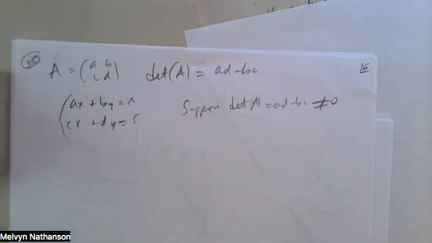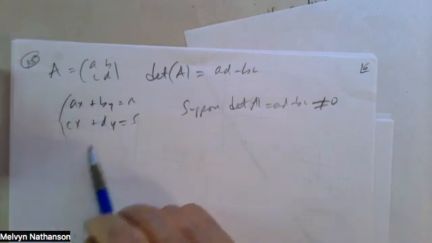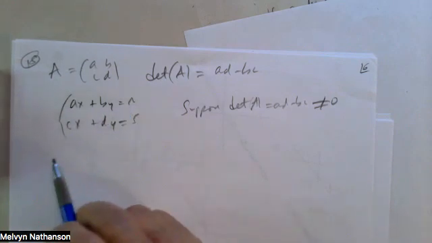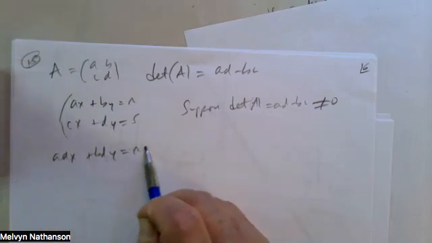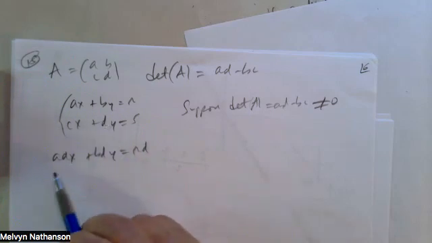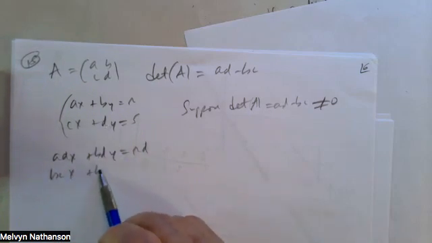Then we try to solve these equations. So you solve two equations and two unknowns the way you have been doing certainly for a long time. You can eliminate the y. So you can multiply the first equation by d. You can multiply the second equation by b.